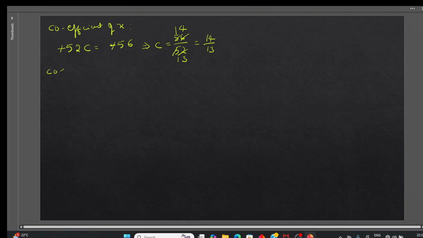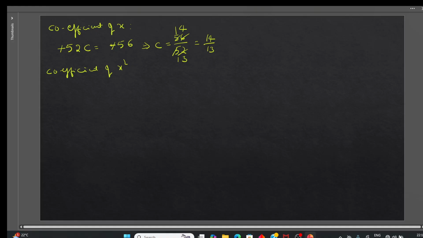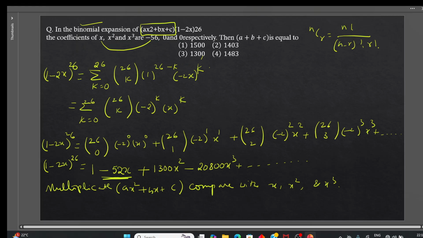Now the coefficient of x square. What is the coefficient of x square here? 1300c minus 52b. We get 1300c minus 52b is equal to the coefficient of x square.